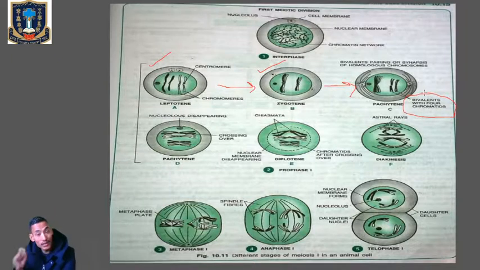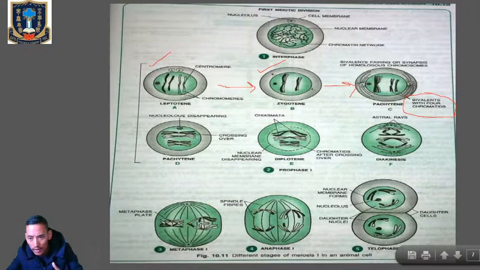Number 2, write down, the pachytene stage is characterized by the appearance of recombination nodules.